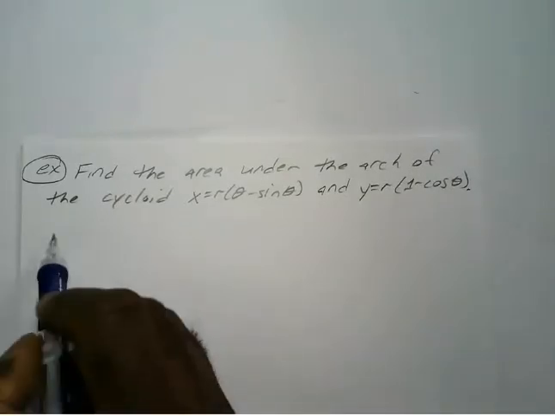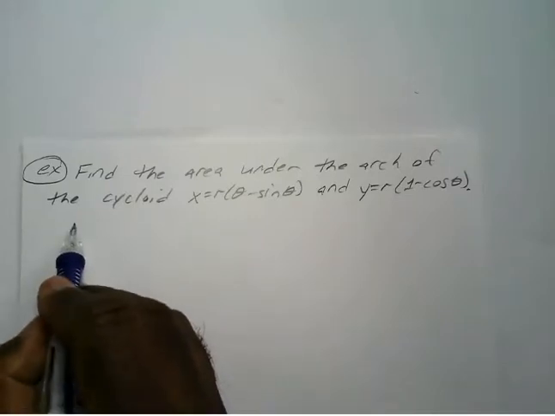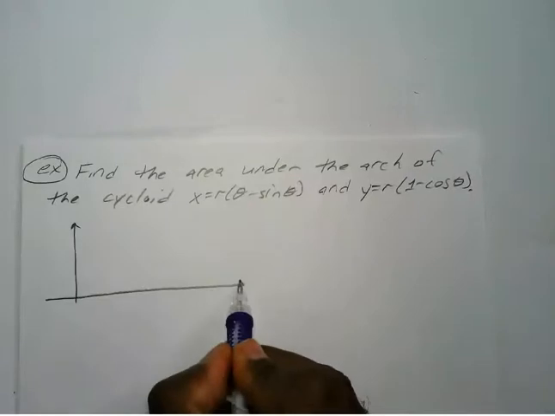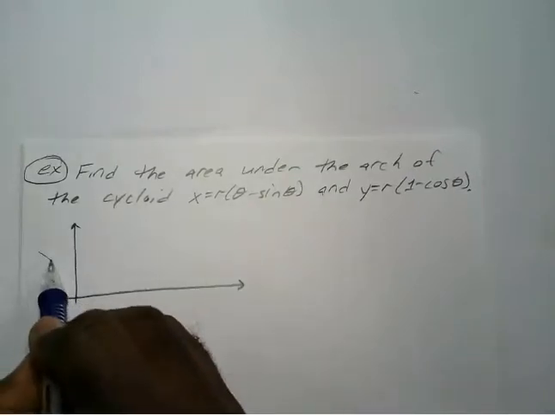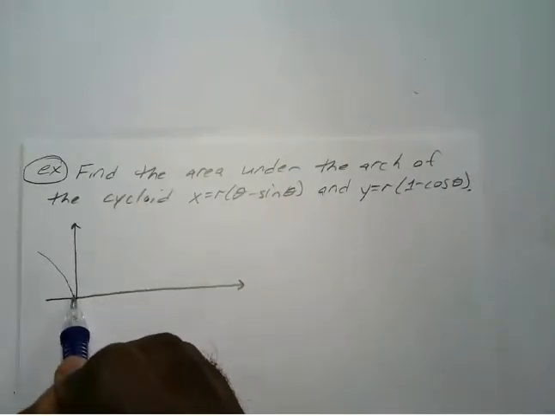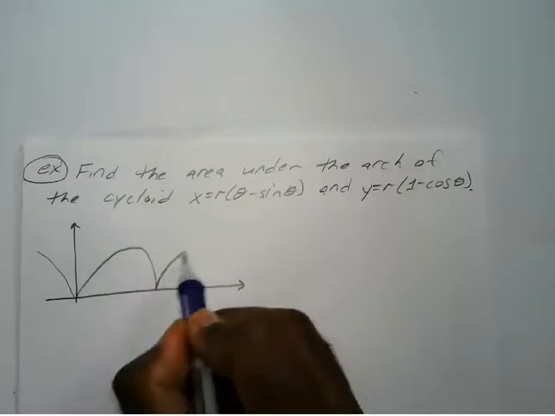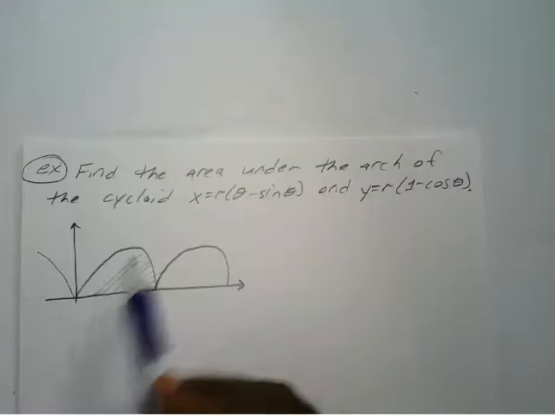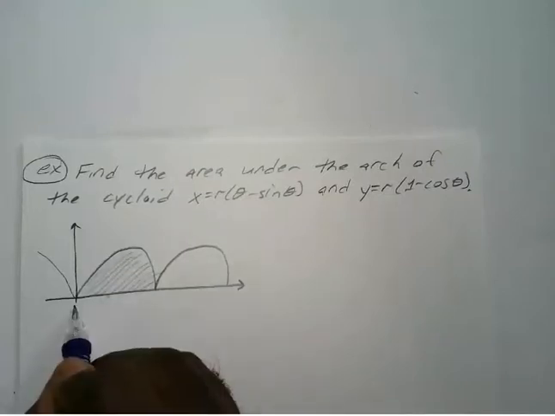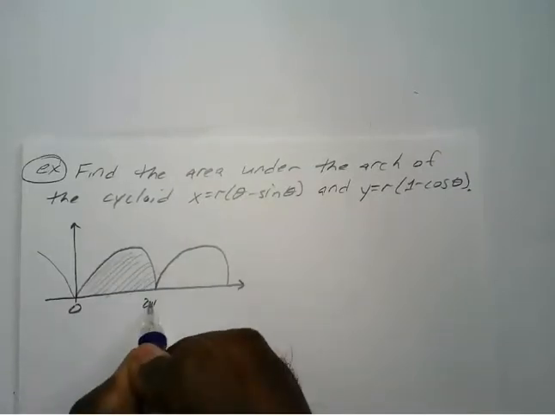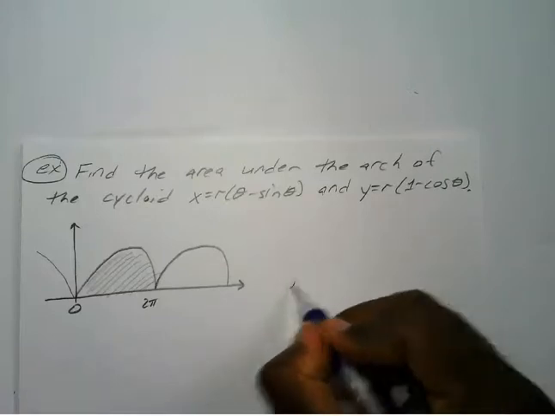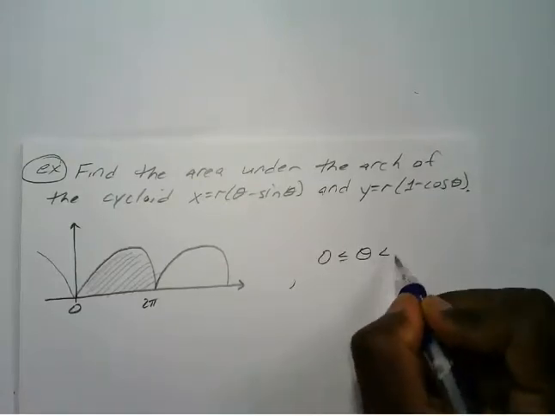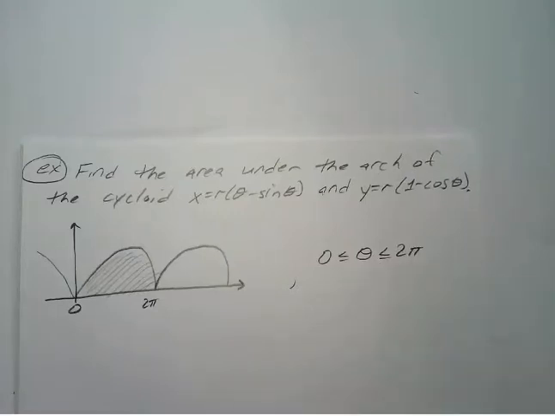If we look at a quick graph of it, our cycloid is going to look something like that, and we're just going to pick one arch. That's when you go from 0 to 2 pi. So in other words, our theta is between 0 and 2 pi.